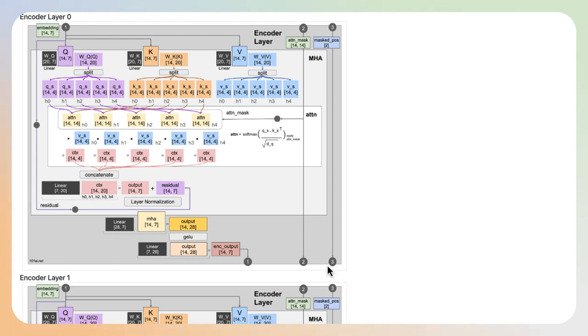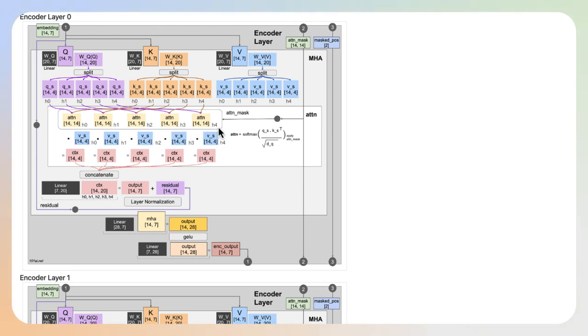The major part of an encoder is the MHA, or multi-head attention, which is this light gray box. Within this block, we compute the attention score for each attention head. In this demo, we are using 5 attention heads, as shown here, through H0, H1, H2, H3, and H4.